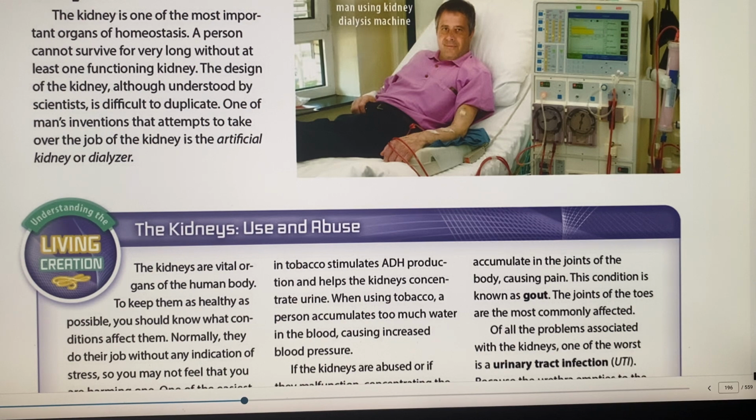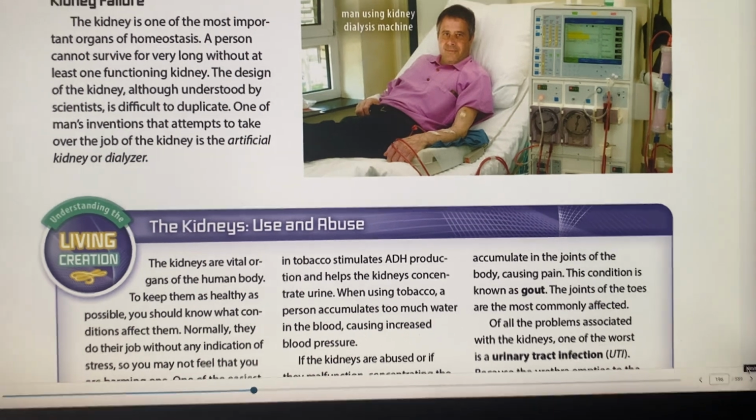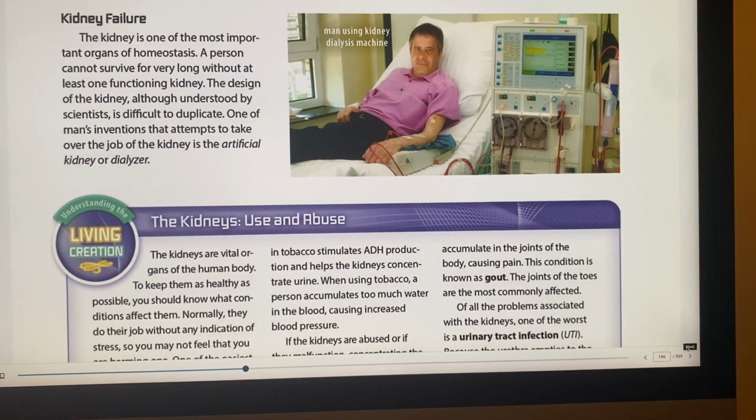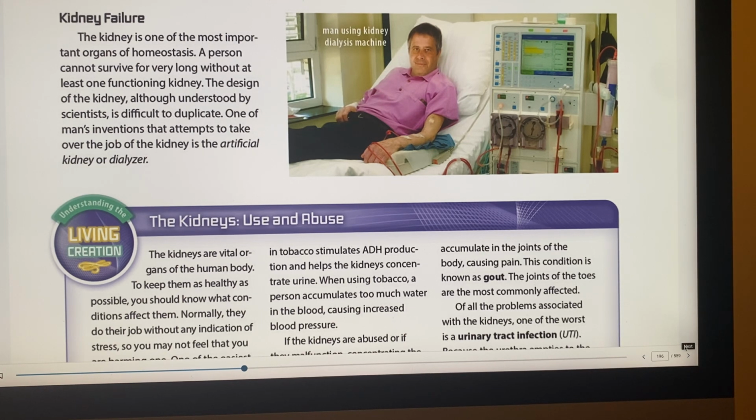This next section talks about this guy here, who is in kidney failure. His kidneys are not working, so he has to go on dialysis. Dialysis is basically an artificial kidney, a process that separates molecules using an artificial membrane so that they can still stay alive.